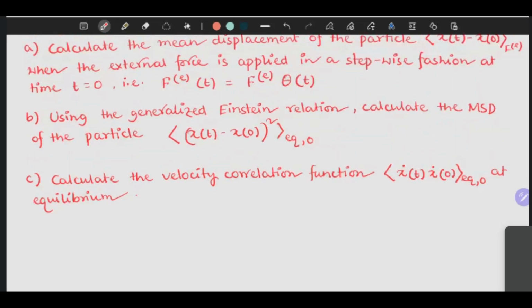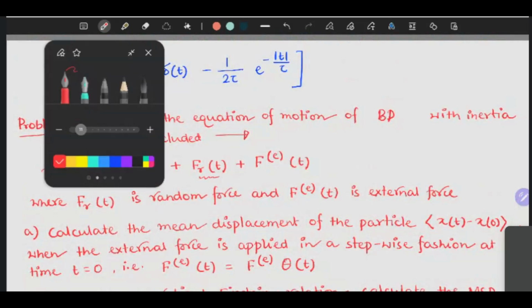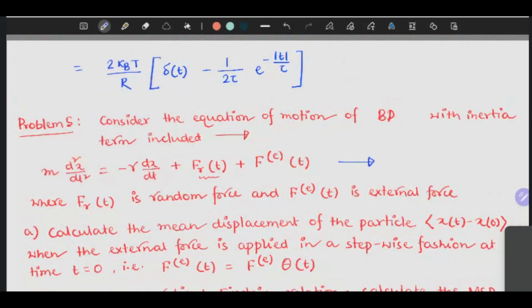Now if you take the average of this equation, then this term will be 0. So let's take this equation as 1.